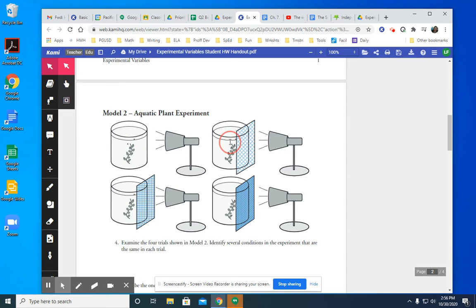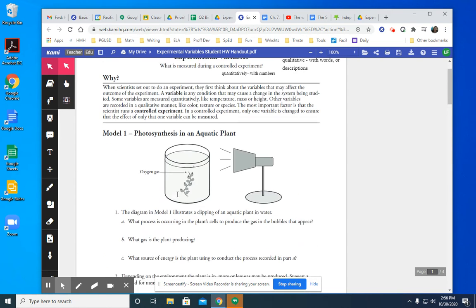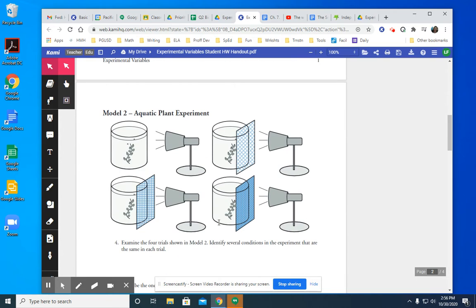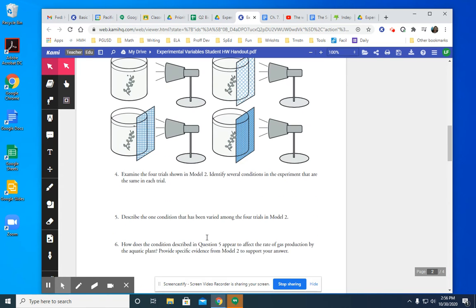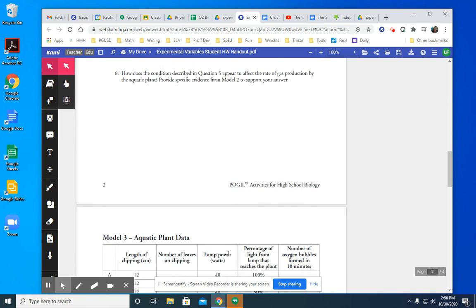Because the bubbles are the oxygen being produced. Yeah, the oxygen gas. And what do we notice about the amount of oxygen being produced in each part of the experiment? So you're going to provide specific evidence. You're going to use precise language to answer number 6.